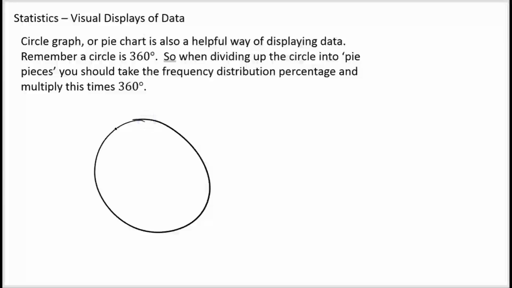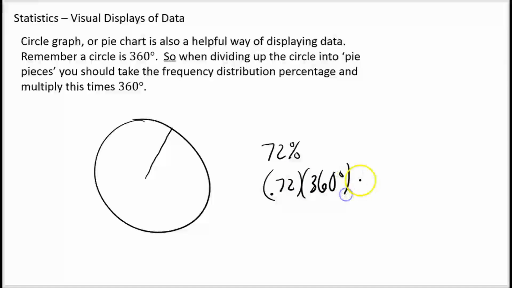There's my circle, and I'm trying to divide this up into parts, and let's just say you had a 72% frequency distribution. Then to figure out how much of the circle I would shade in, I would take that 72%, 0.72 times 360 degrees, and that would tell me the degrees of my wedge or piece of pie.